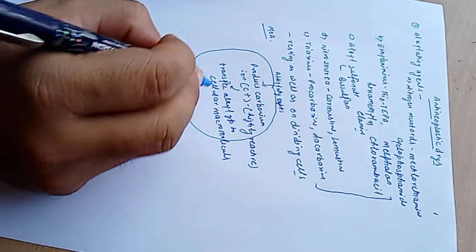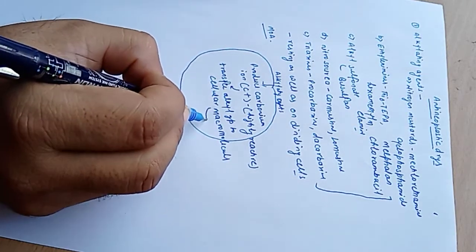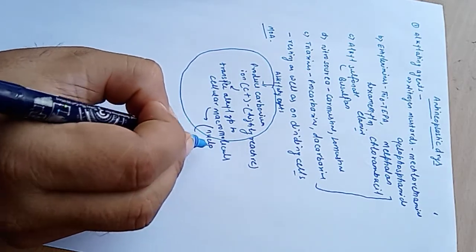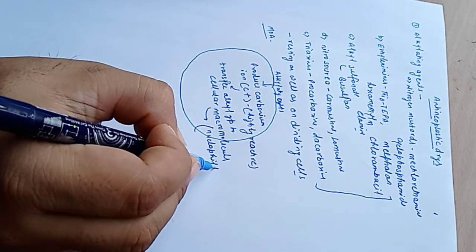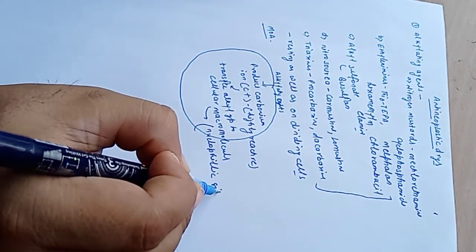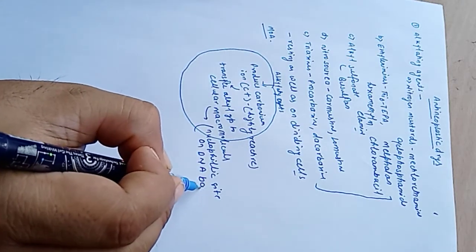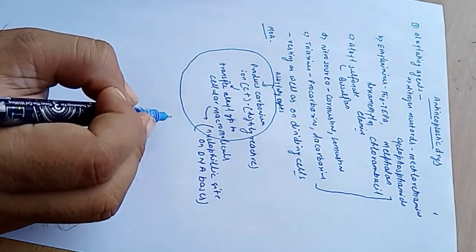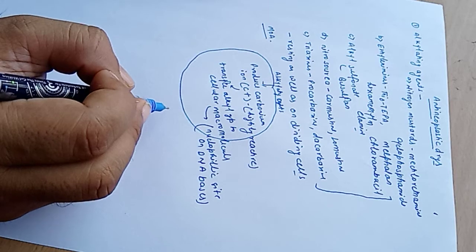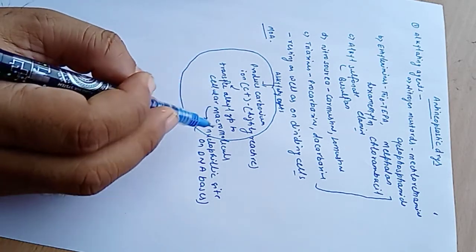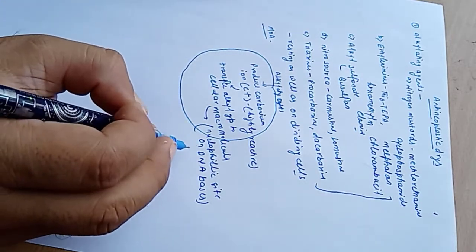Particularly, this alkyl group is attached to the nucleophilic sites on DNA bases. If you look in more detail, these alkylating agents particularly alkylate nucleophilic groups on the DNA bases, particularly N7 of guanine.